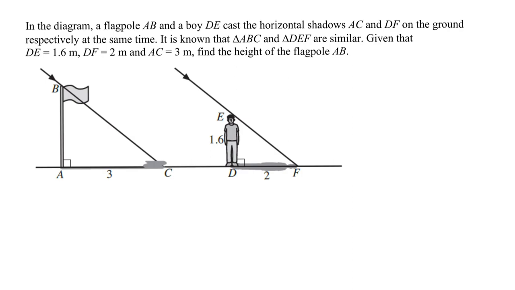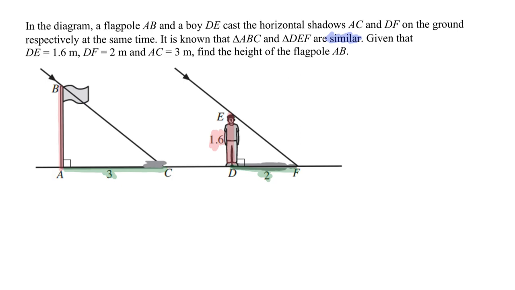And again, there's a keyword here, that triangle ABC and DEF are similar triangles, and so we can then make use of this similar triangle idea where they are in proportion to help us solve for the height of flag AB. So AB and the height of the boy are the corresponding length. AC and DF is the other corresponding line.